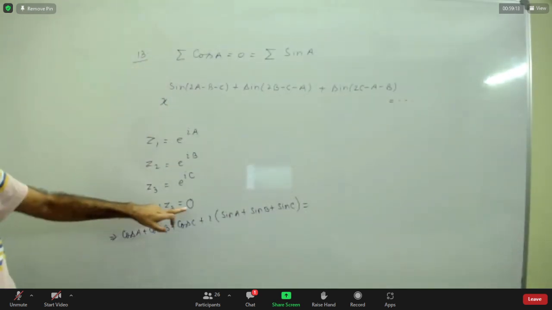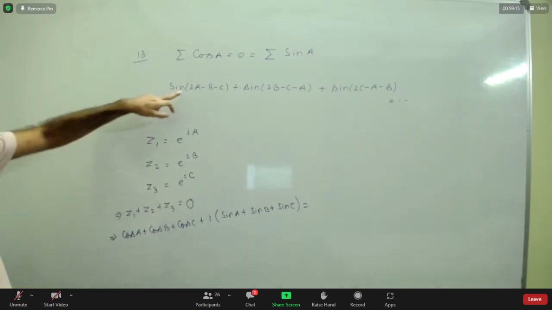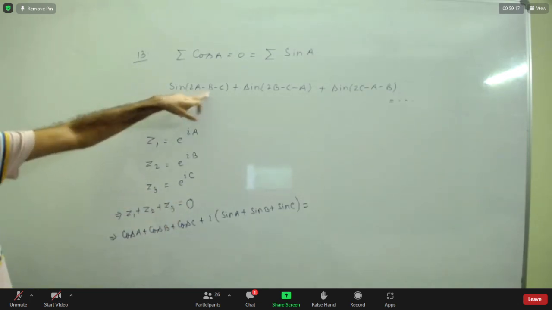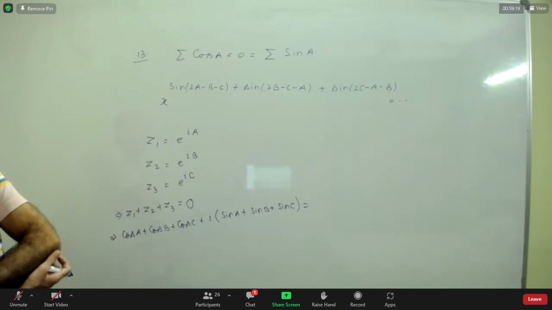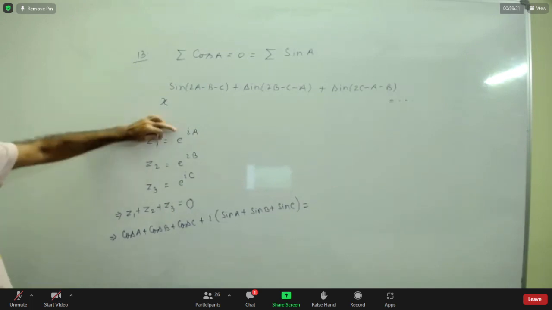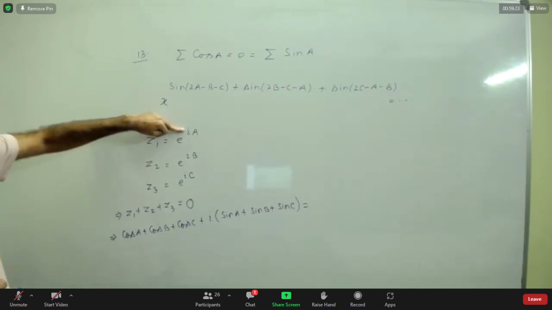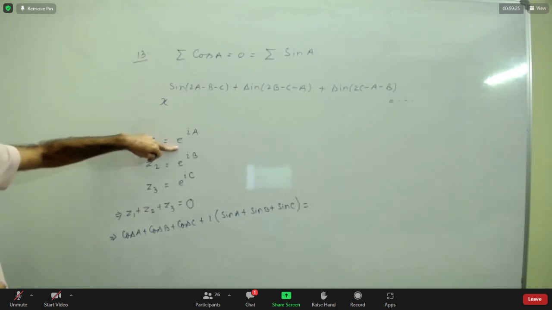So putting the value here, now it is 2A plus B. Now it means what? e to the power 2iA by this.